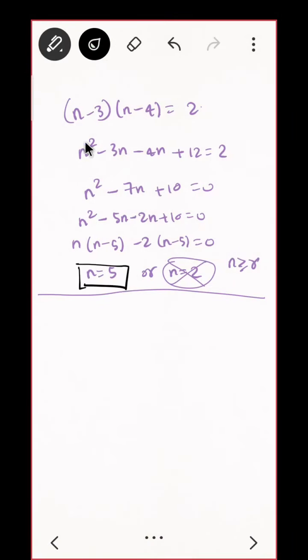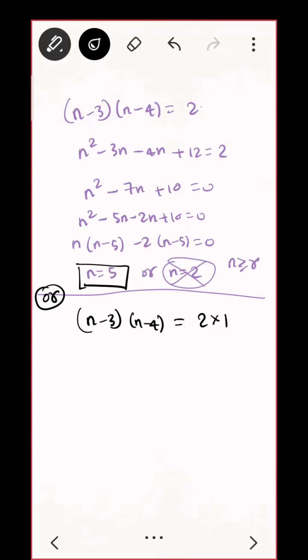Okay, now I will tell you one more thing. See, this is n minus 3. You can use either of the two methods. n minus 3 into n minus 4 is equal to 2. You already told me which number is bigger. n minus 3 is bigger than n minus 4. And do you see these are consecutive numbers? So can I write 2 as 2 into 1? This is also consecutive. The difference is 1.